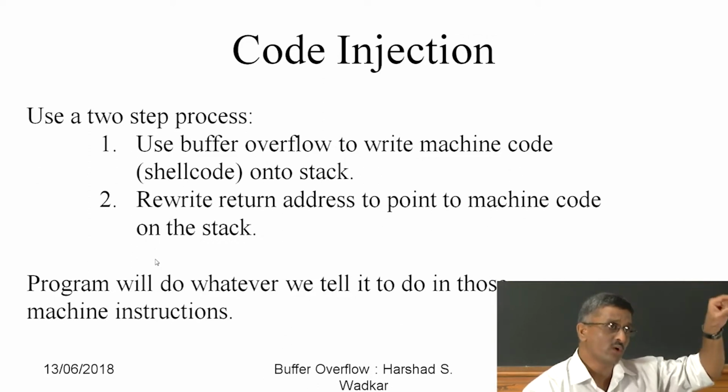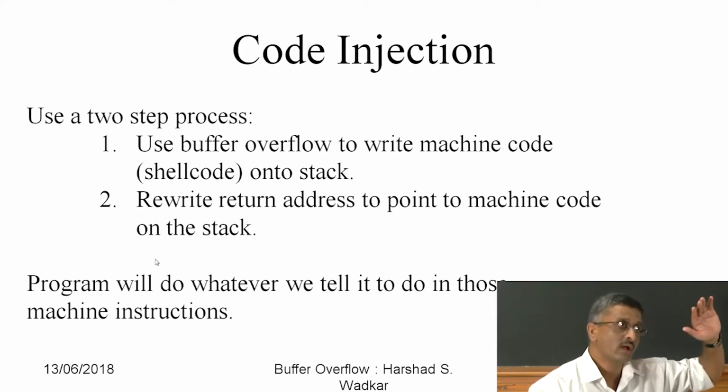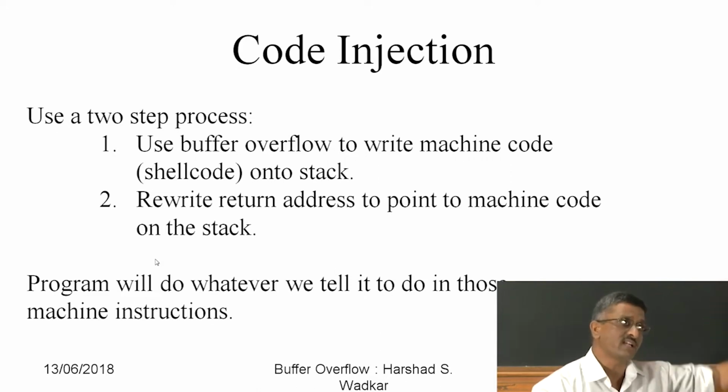I will write some code in the variable which is available to me, which will overflow the return address of function main. So instead of going to main's actual caller, I will go to the attacker's function call, and then that attacker's function call can execute.